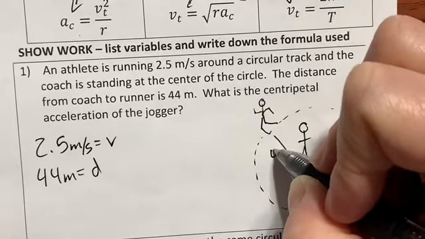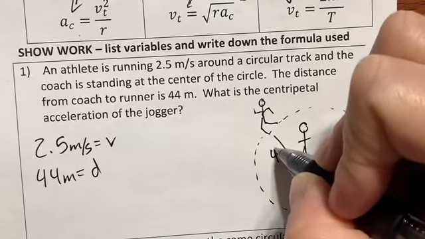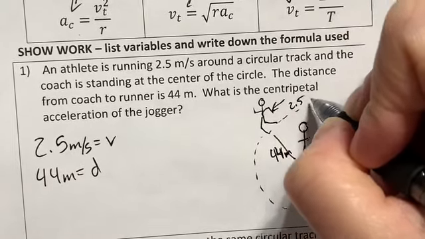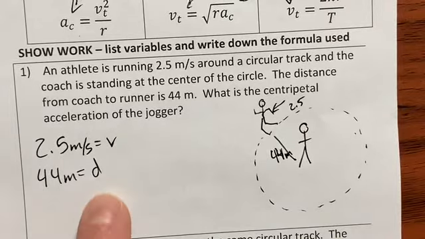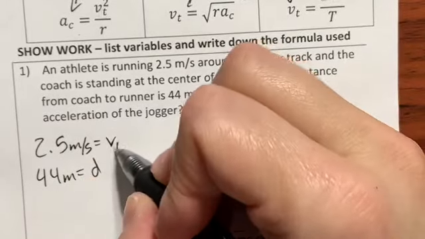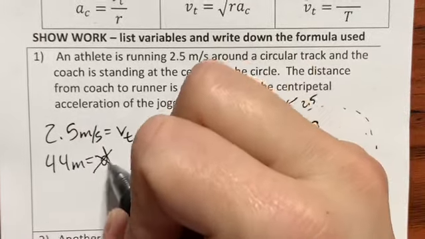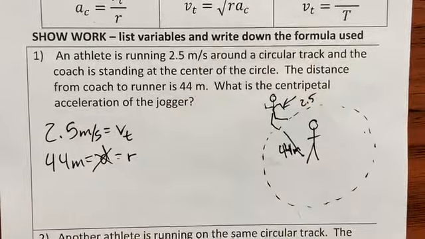Distance between athlete and coach is 44 meters. Speed of athlete 2.5 meters per second. Because he's going in a circular motion, that is tangential velocity. And that is not a distance, it is in fact the radius of the circle.